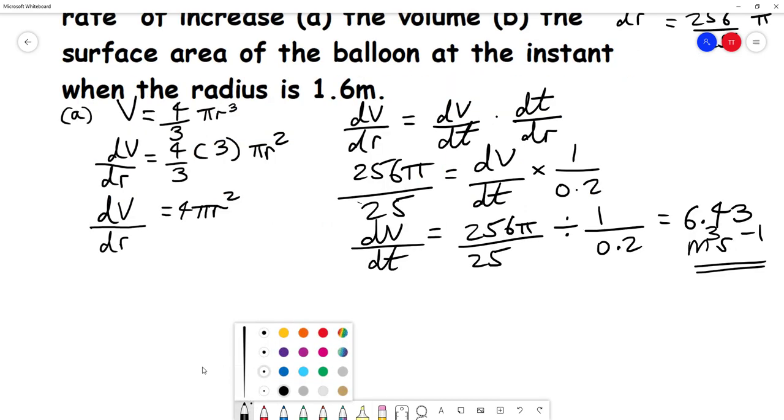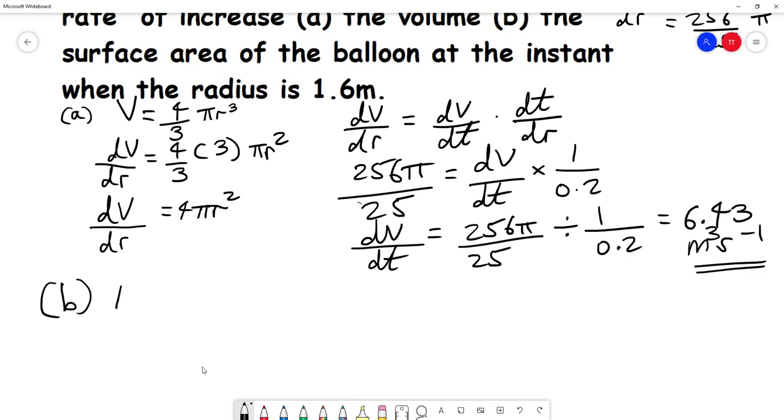Now part B says to find the rate of increase for the surface area of the balloon at the instant when the radius is 1.6 meters. So what we're going to do for part B is say the following. Well, let's start off with the surface area of a sphere, which we know is 4 pi r squared.